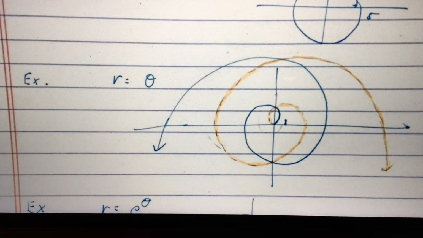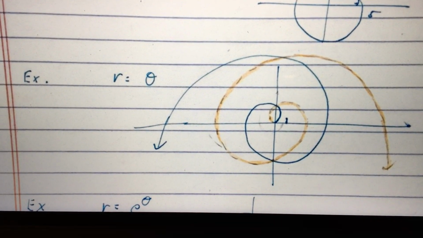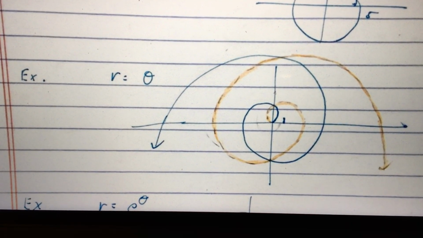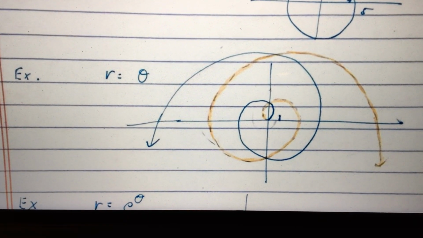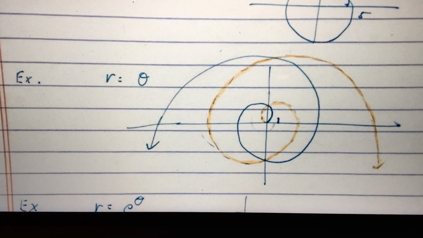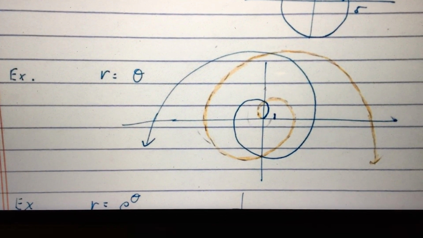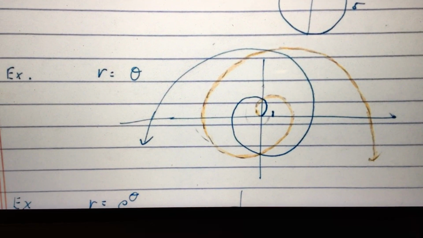But that means that we're going to be 180 degrees away from the actual angle negative pi, which points to the left. It'll be 180 degrees away, pointing to the right, so the orange line goes the opposite direction. And then so on. You can go all the way around and around and around forever. Every time it comes back, it's added another pi or another 2 pi.